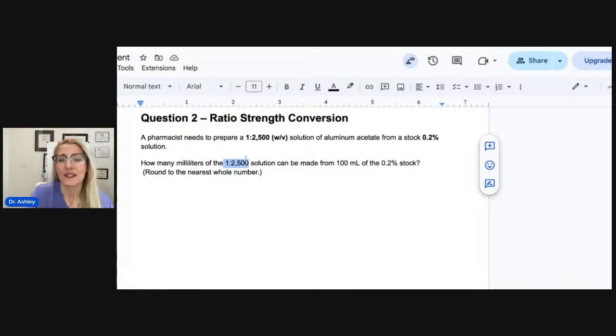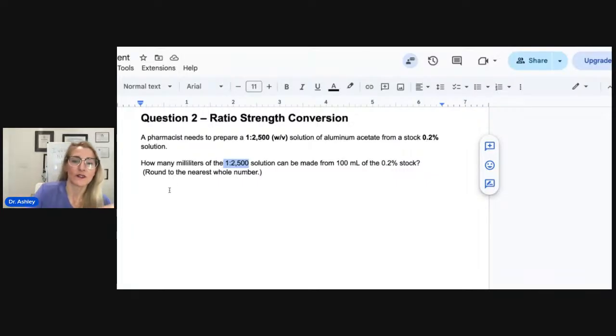We definitely need to do that. Whenever we work with these concentrations, we can do allegation or C1 V1 equals C2 V2. We can do those all as long as we have the same units.